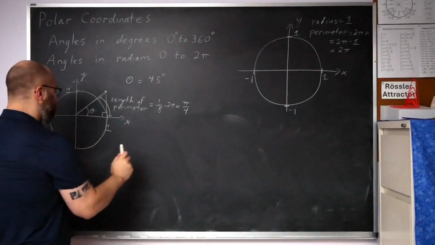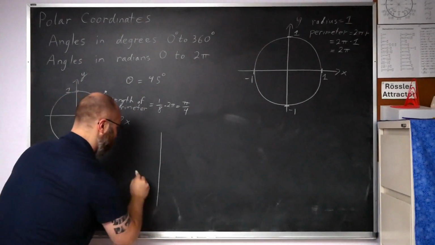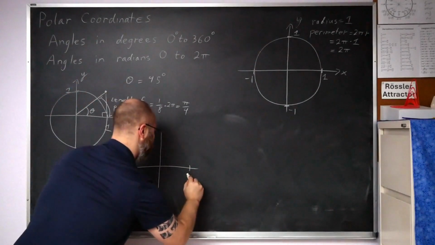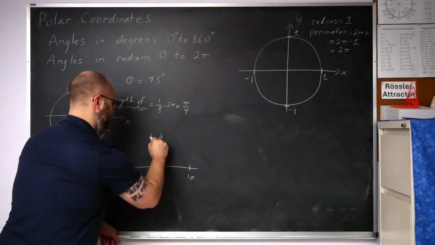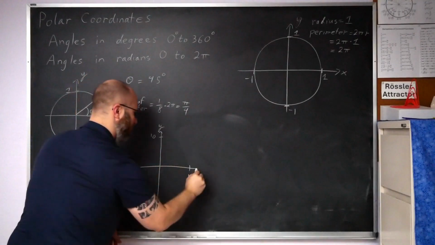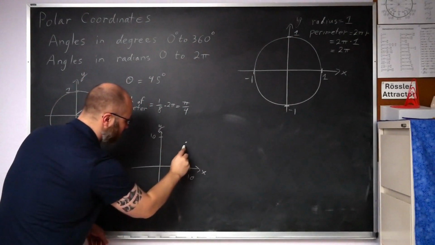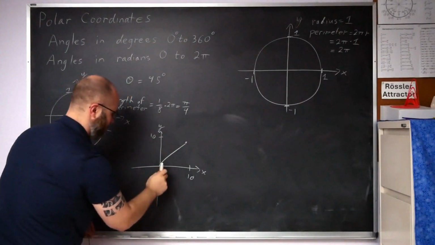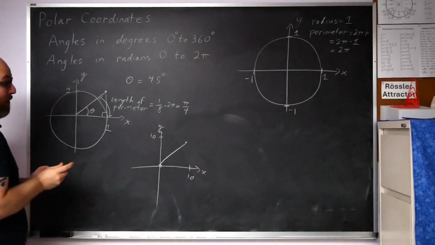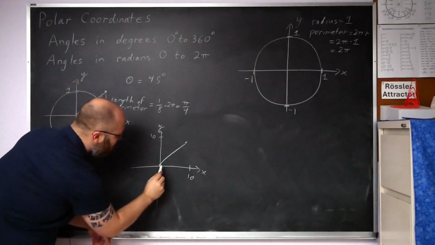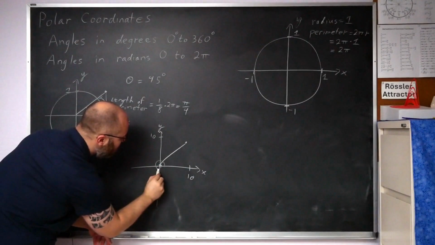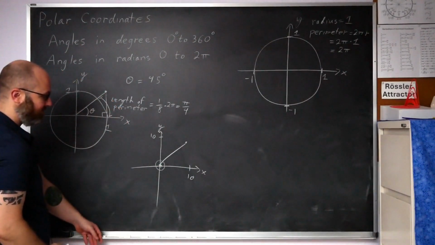Same thing happens if you have a really big triangle. So what if I have 10, 10, y, x? Then I've got my dot here. It's still a 45-degree triangle. Now if I draw a unit circle, the unit circle is pretty small on there.